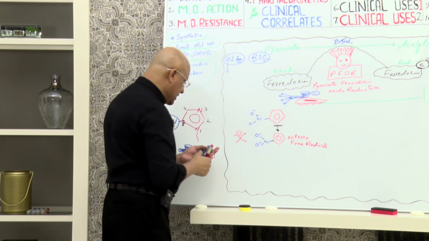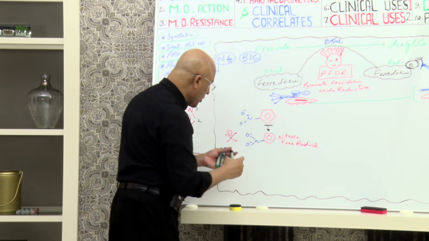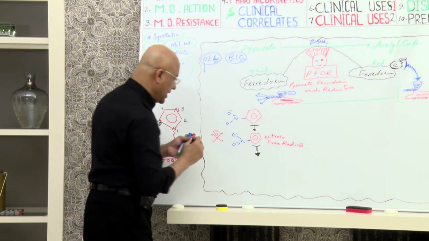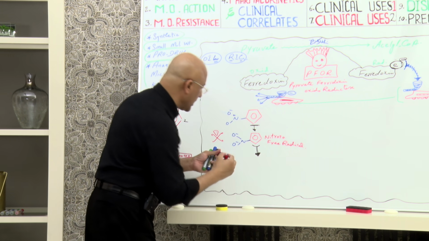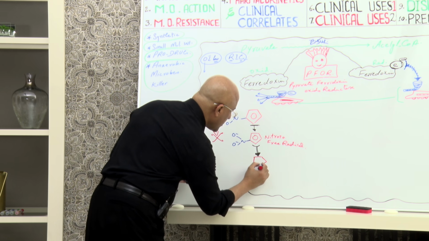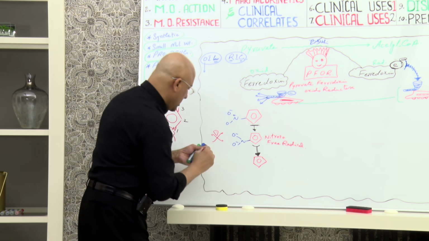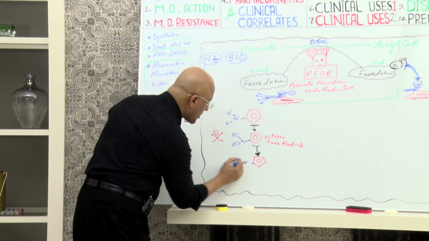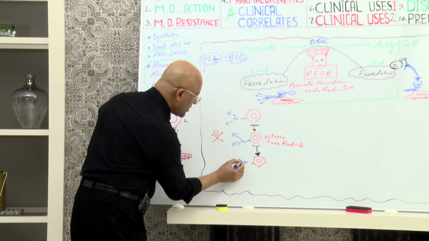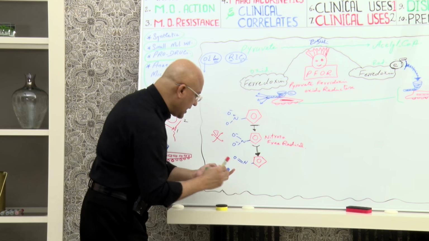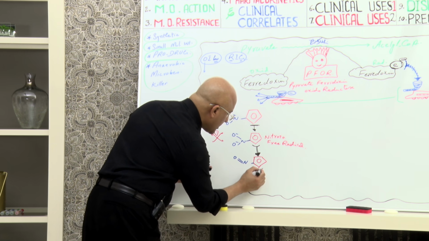Then if it receives hydrogen, it will go into further change and convert into another reactive compound. Let me show exactly. It will go into this form with NO, and then it will go further change.